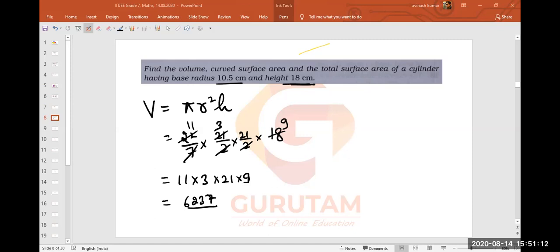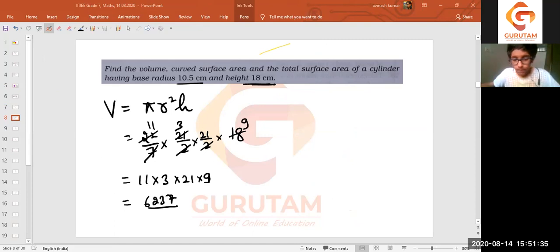That is 66. 66 into 18 is equal to 1188. 1188 plus 66 into 10.5, which is 1881. Right. Okay.